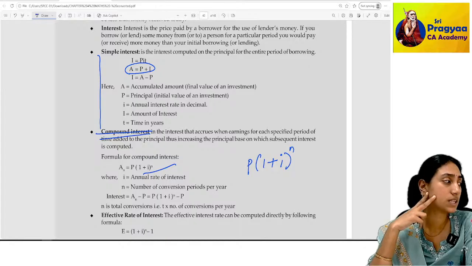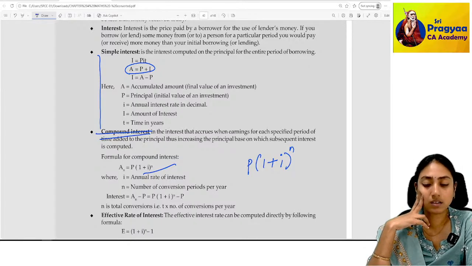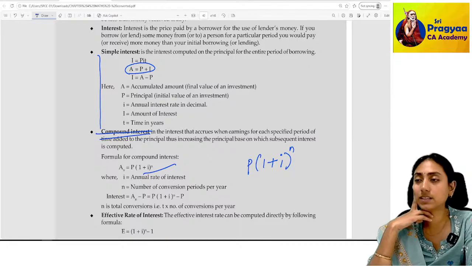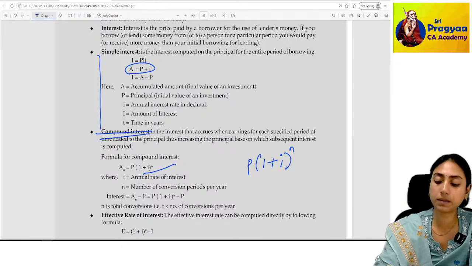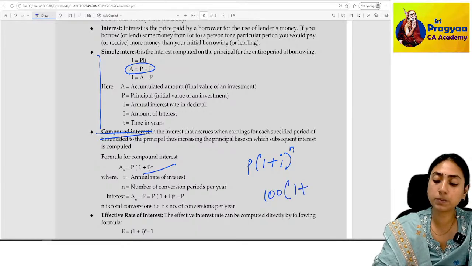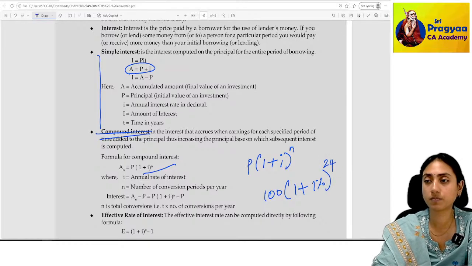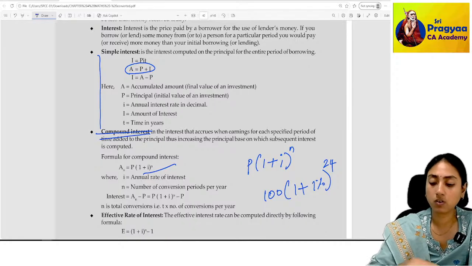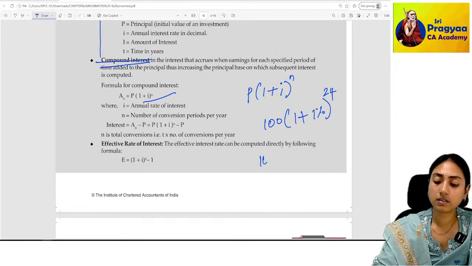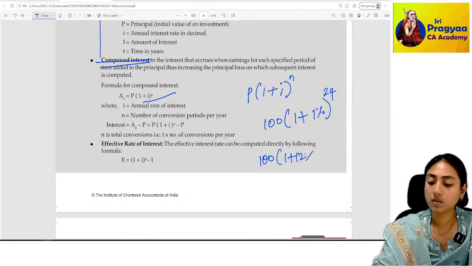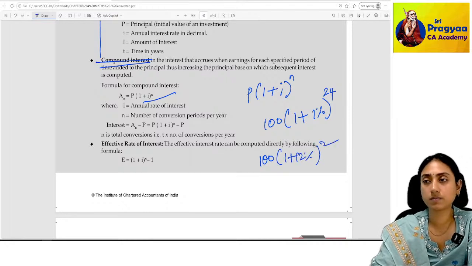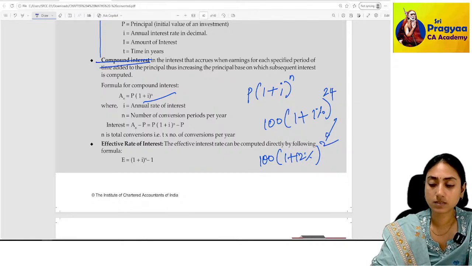Did you ask me something? If I give rent per month, 100, 1 plus rent per month is 1 rupee, 1%, then for 24 months the power will be 24. Okay?